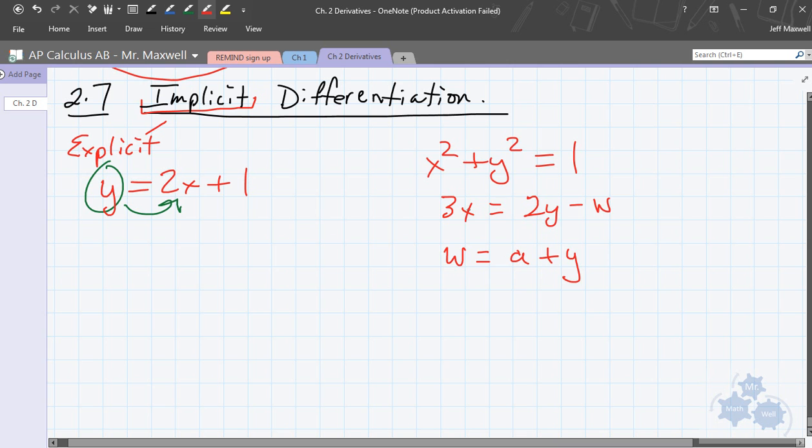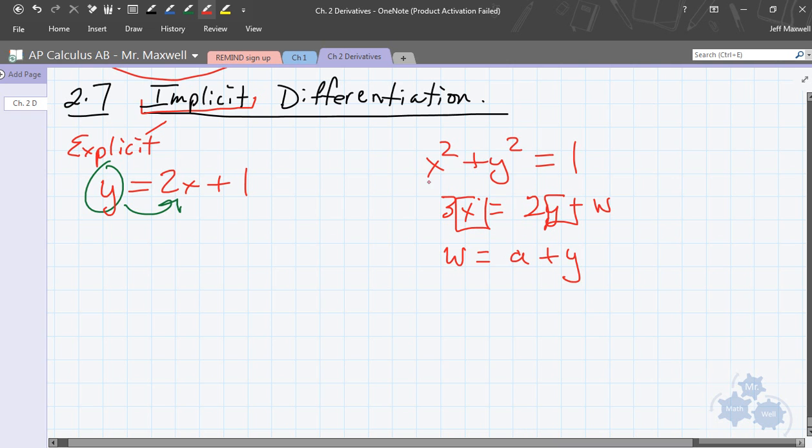We don't have one variable on one side and just one other variable on the other side. Here we can figure out what x is by dividing everything by 3, and x would be shown in terms of both y and w.